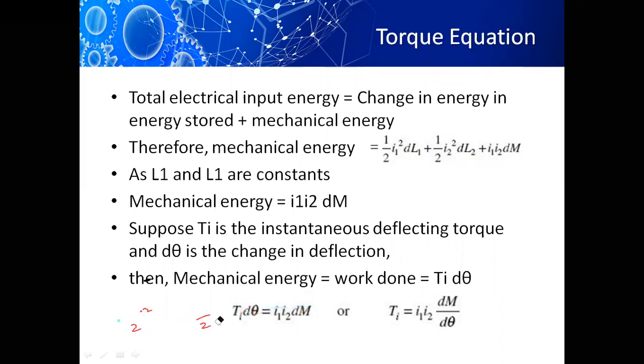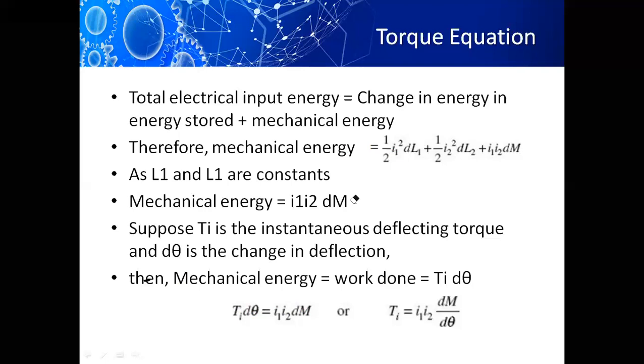Hope you have understood this. Now L1, L2 are self-inductances which are constant, so this term reduces to 0 and this term reduces to 0. So the mechanical energy is equal to I1 I2 dM. So this is how we have simplified.